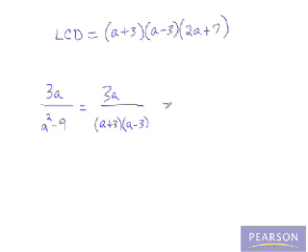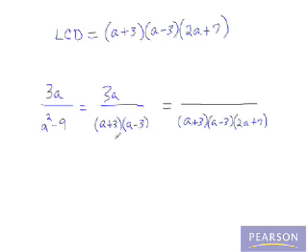Now we want to rewrite this fraction using our least common denominator of a plus 3 times a minus 3 times 2a plus 7. When we compare our current denominator with the new one, we are missing this factor of 2a plus 7. Therefore, we must multiply the top by 2a plus 7.